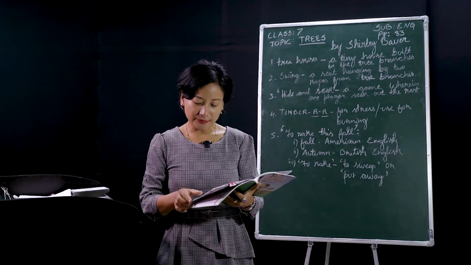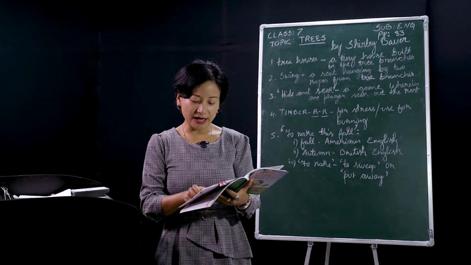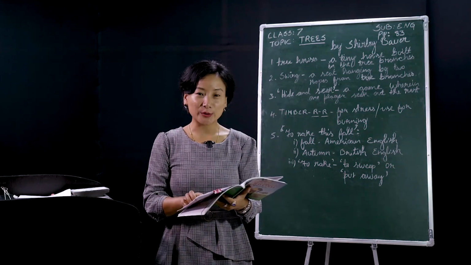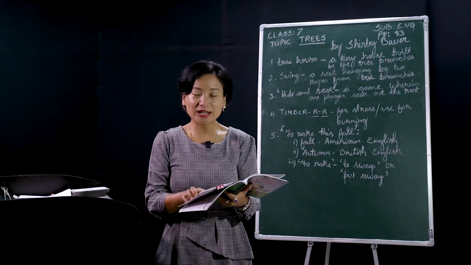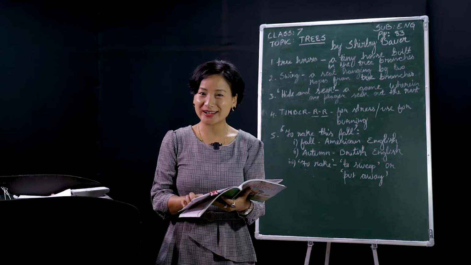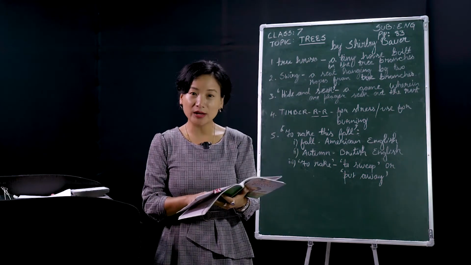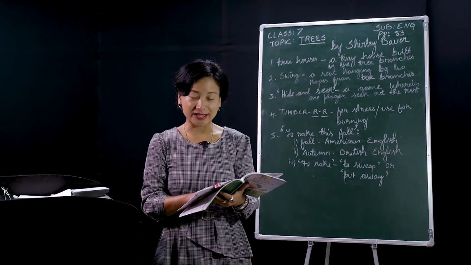And in the next line, trees are to hide behind in hide and seek. When you are playing hide and seek out in the open, we usually hide behind a tree trunk, right? So it is also for children, because children love to play hide and seek, especially hiding behind trees.